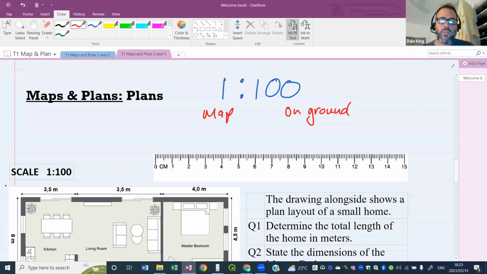Okay. All right. In real life or on the ground, yes. Okay, so we've got a map unit and we've got real life or ground units. Now the units, people are mentioning centimeters and meters and meters and meters and centimeters and centimeters.